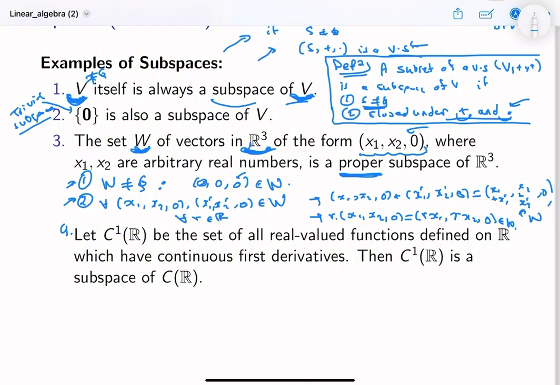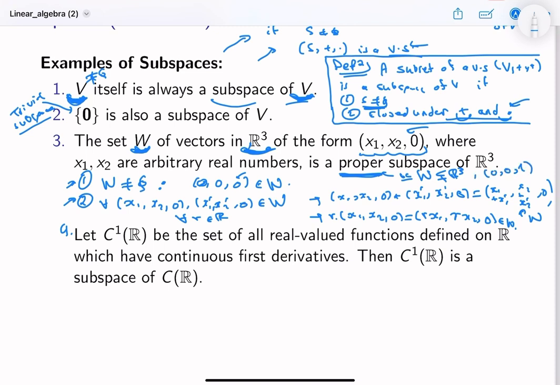I just want to mention here why it's proper. By proper, I mean a proper subset, so we write omega is not equal to R cubed. So there is an element in R cubed that's not in omega. Well, of course there is. Consider (0, 0, 1).